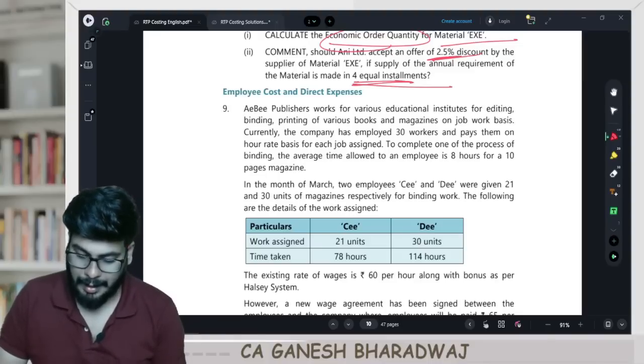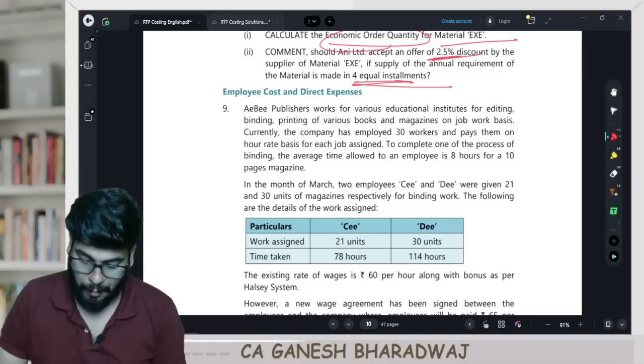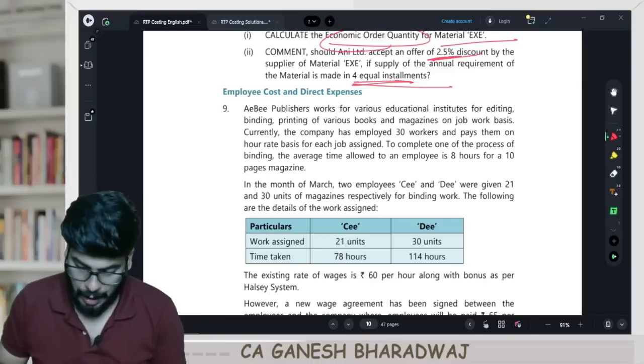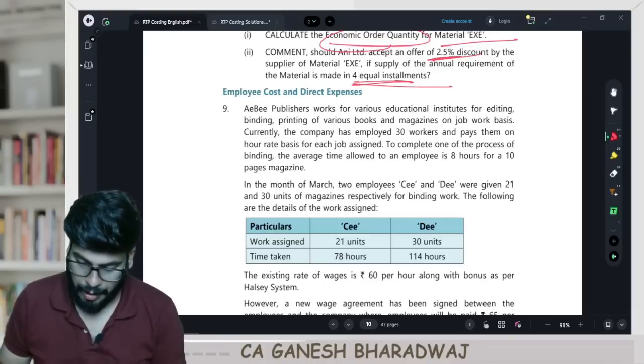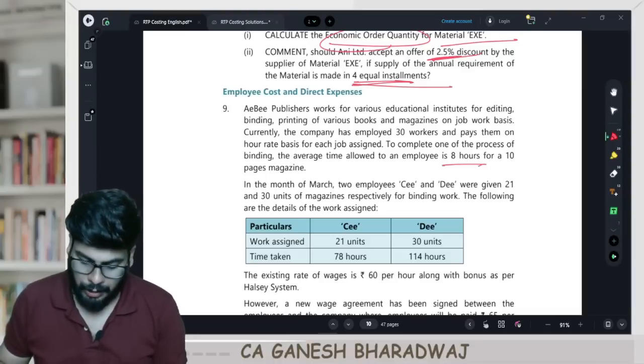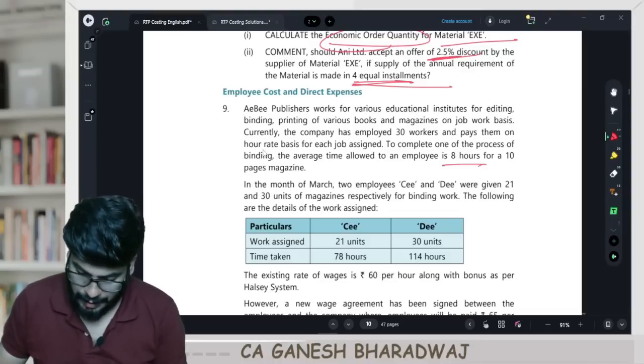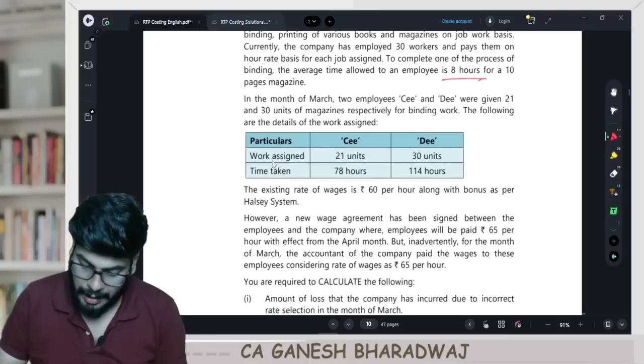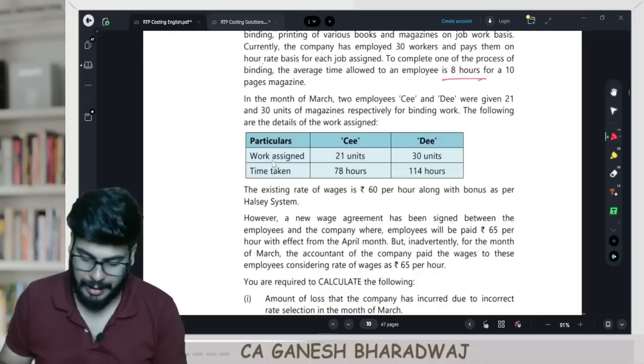Currently, the company has employed 30 workers and pays them on hourly rate basis for each job assigned. To complete one of the processes of binding, the average time allowed to an employee is 8 hours for a 10-page magazine. In the month of March, 2 employees, C and D, were given 21 and 30 units of magazines respectively for binding work. The following are the details of the work assigned.